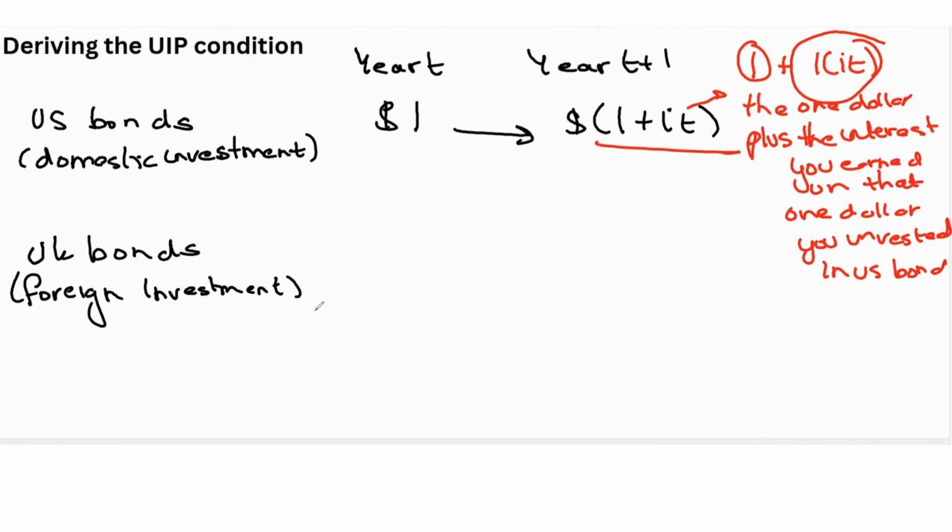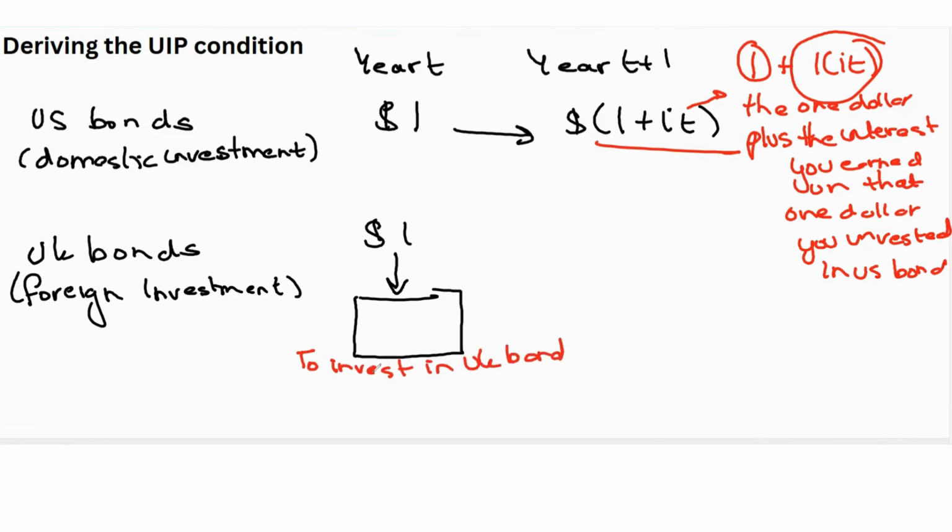What about UK bonds? If we invest a dollar in UK bonds, here we need to understand that to invest in a UK bond, we first need to convert dollars to pounds using the current exchange rate.